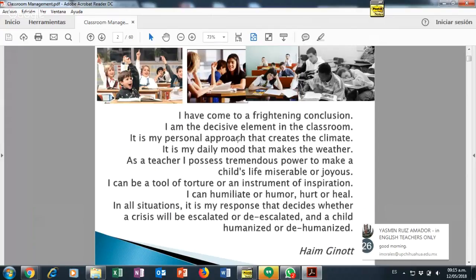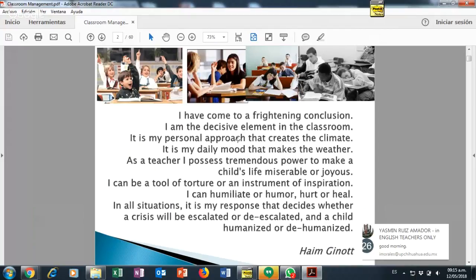As a teacher, I possess tremendous power to make a child's life miserable or joyous. I can be a tool of torture or an instrument of inspiration. I can humiliate or humor, hurt or heal. In all situations, it is my response that decides whether a crisis will be escalated or de-escalated, and a child humanized or dehumanized.